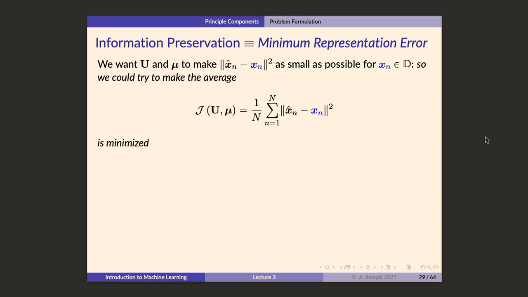You do it for every single point, you add them up or you average them, and then you try to minimize this term. When this is minimized, it means that every single one of them is at a very tiny distance from the original one, meaning that you are doing fine, at least on the data that you have inside your data set. Correct? Everybody's clear what we are doing?